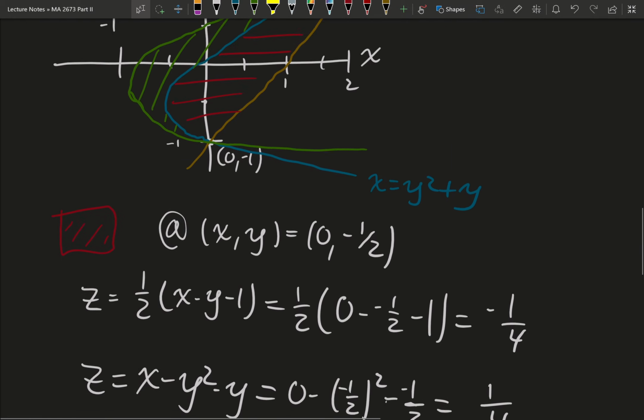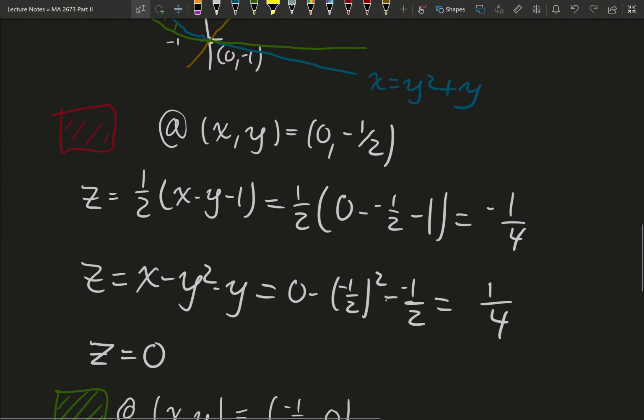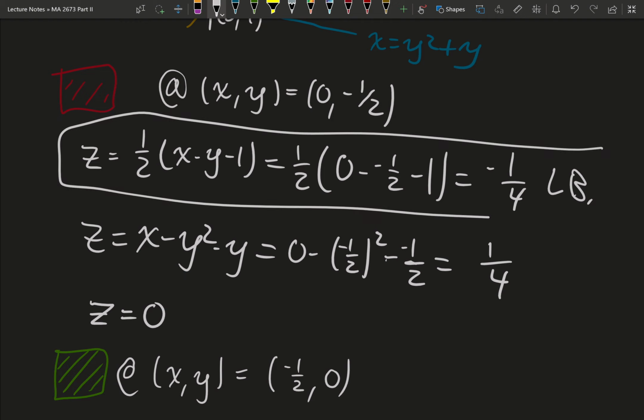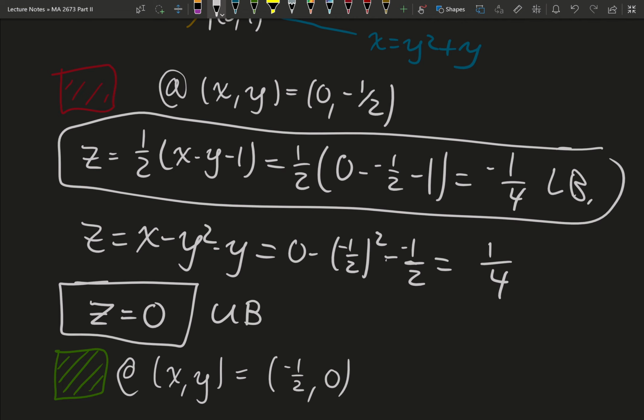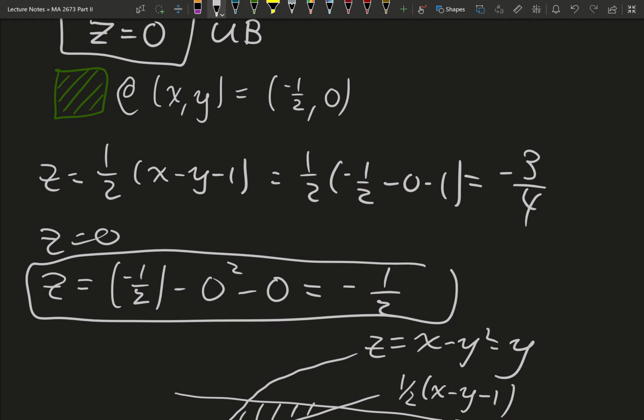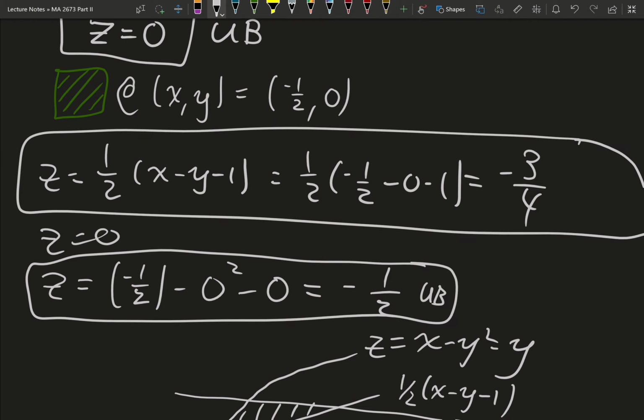And so we now set up our region. So for this region, this is going to be our lower bound, and this is going to be our upper bound. But for this region, this ends up being lower, so this is going to be our upper bound, and this is still going to remain our lower bound.